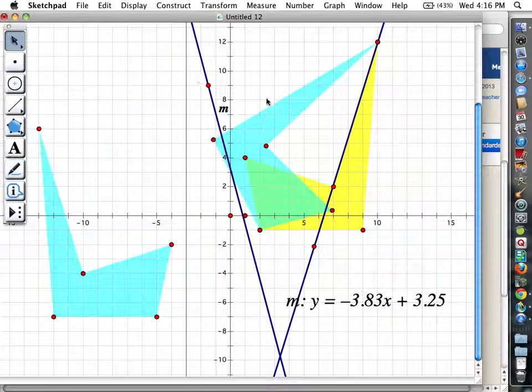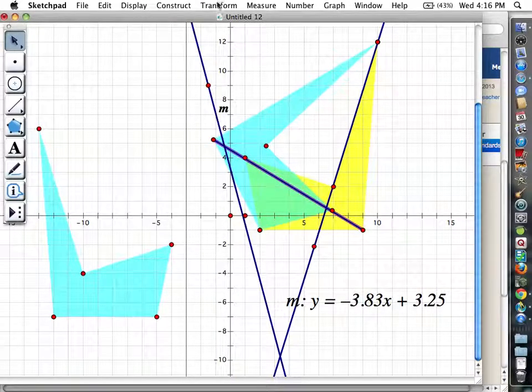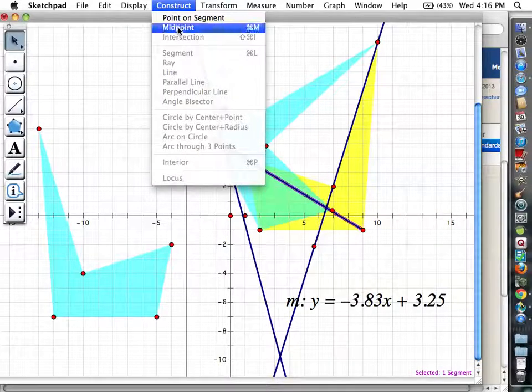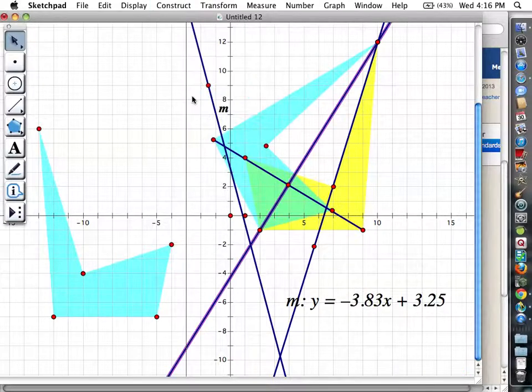Okay, so the next thing that has to happen is I'll pick 2 more corresponding vertices. So let's pick these 2 and go through the same process. Okay, so that's my final reflection line.